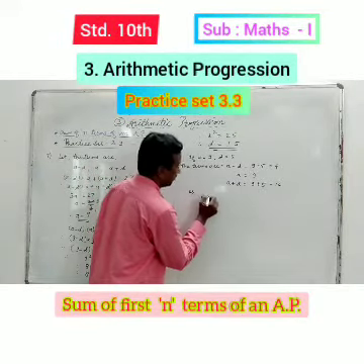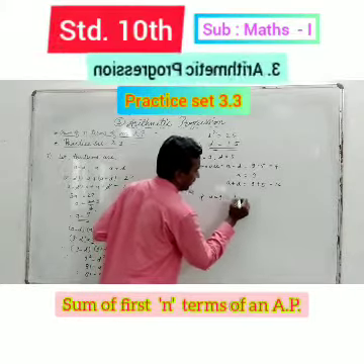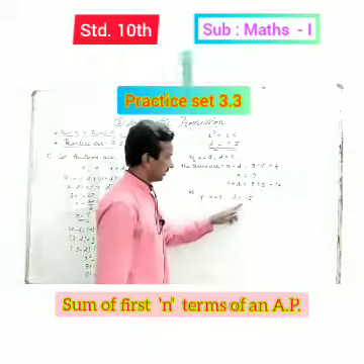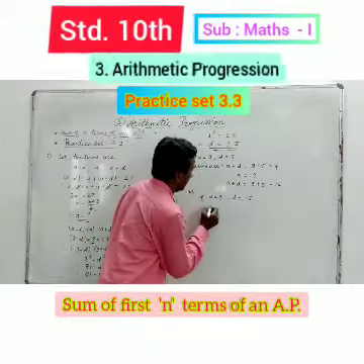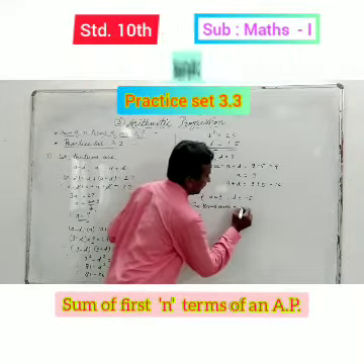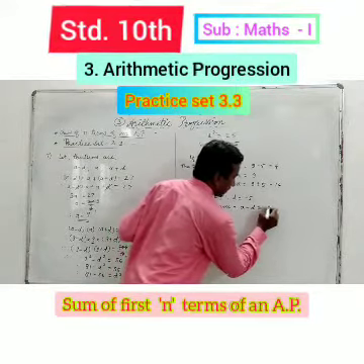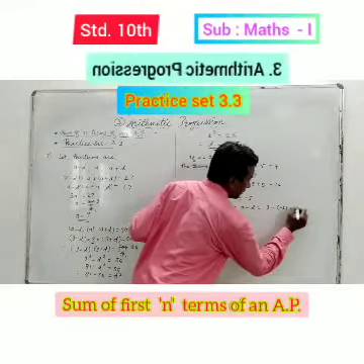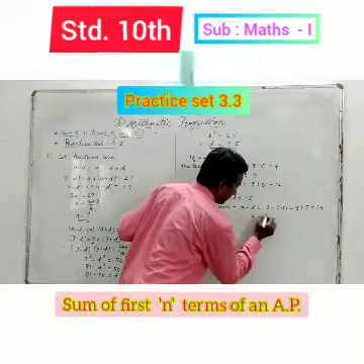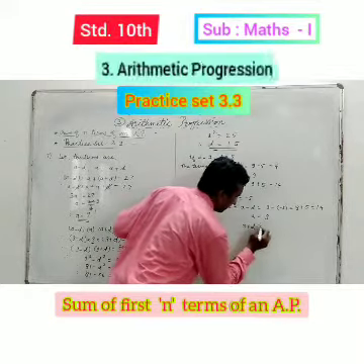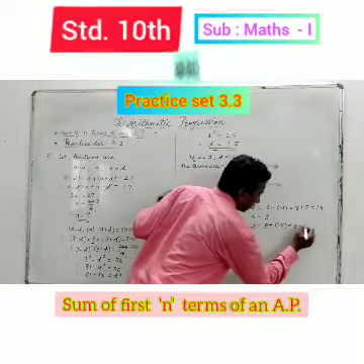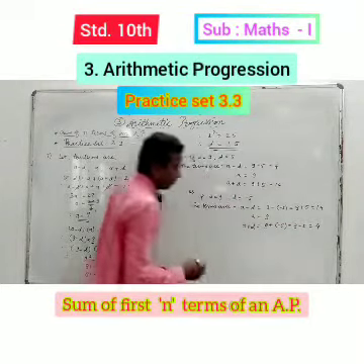Or if we take A is equal to 9 and D is equal to minus 5. First time we take plus 5 and second time it is minus 5. Then the terms are A minus D, that is 9 minus minus 5, means 9 plus 5 is 14, A is 9, and A plus D is 9 plus minus 5, means 9 minus 5 is 4.